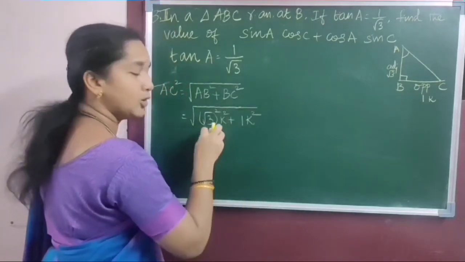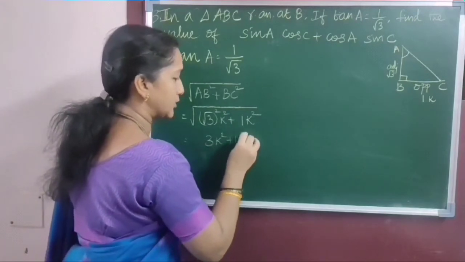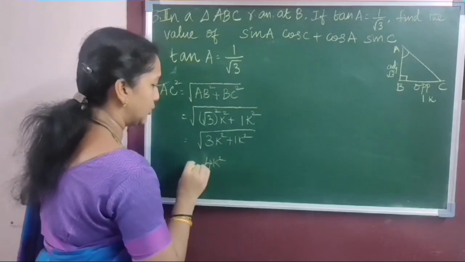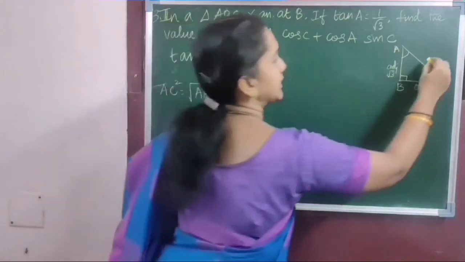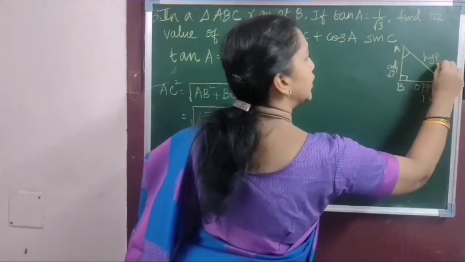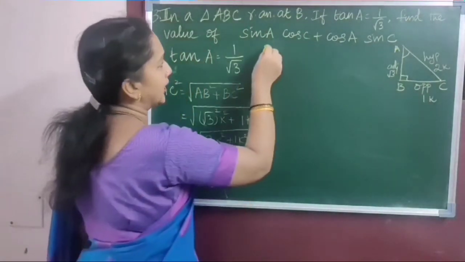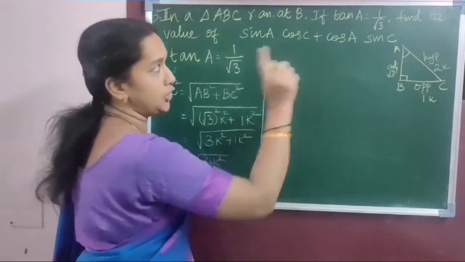Root 3 whole squared will be 3, so 3K squared plus 1K squared gives you 4K squared. Root of 4K squared gives you 2K. So the hypotenuse value is 2K.